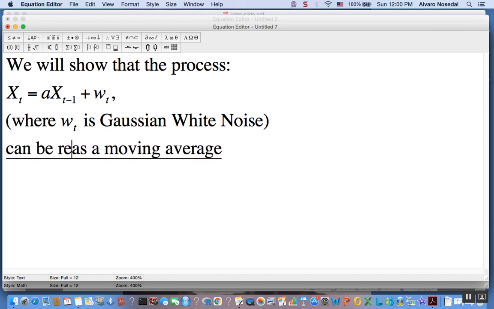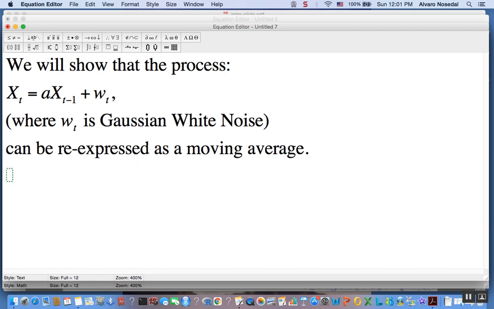It can be re-expressed as a moving average. Okay, there we are. Okay, so solution.